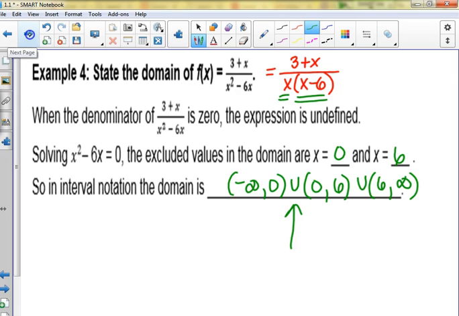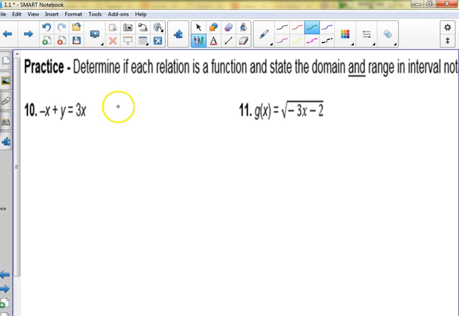There's no end limit. All right, determine if each relation is a function and state the domain and range. Okay. What would this look like if I graphed it, guys? We could rearrange it, but bottom line is it's a line. Does it have a denominator or a radical? So the domain is, yes, all real numbers.